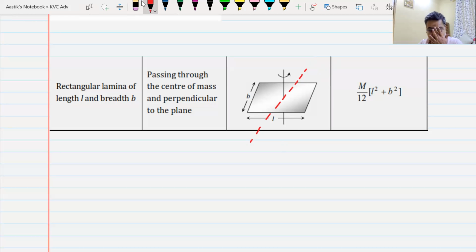ML square by 12. Yes or no? What is the moment of inertia about this axis? MB square by 12. These two axes are perpendicular axes. Therefore, the moment of inertia about this axis becomes the sum of the two. Do we understand this? Yes, sir. Pakka? Yes, pakka sir.